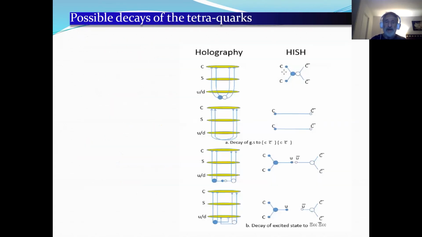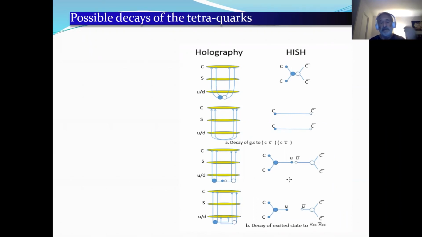In fact, there are two mechanisms of breaking of this tetraquark. The one that I described a moment ago is this breaking. We start from this system, we break here, and then we get a baryon and antibaryon. So once they identify a decay of an object to baryon antibaryon, there is a strong indication that it is indeed a tetraquark.